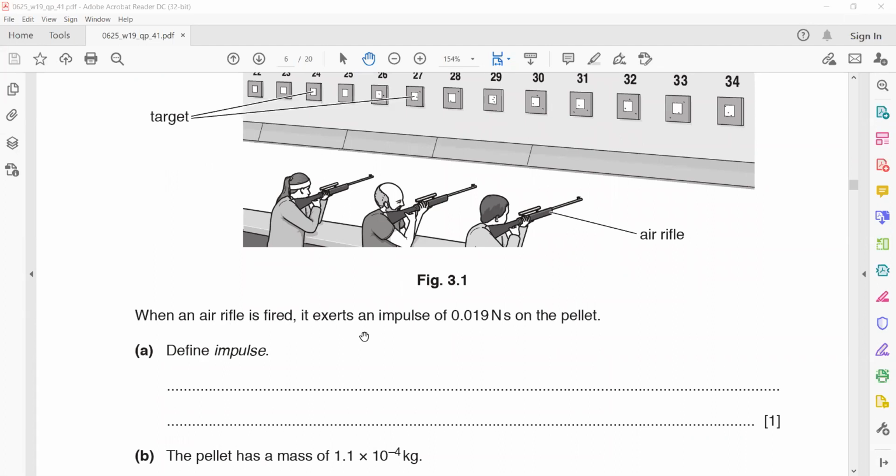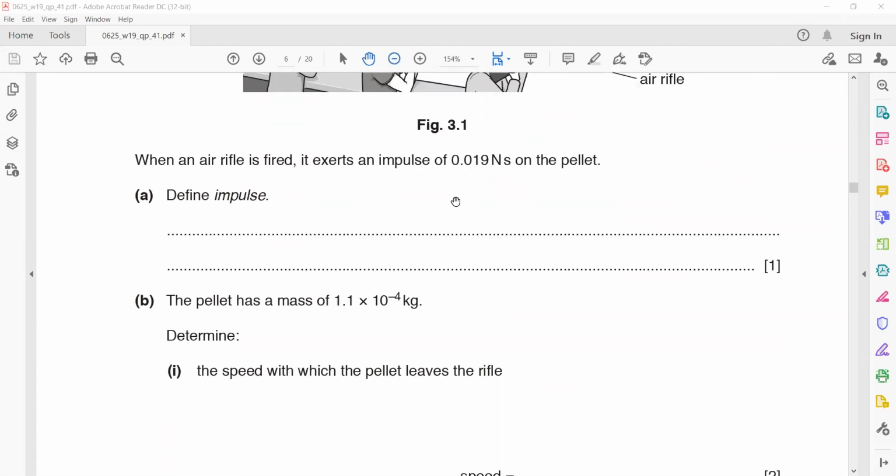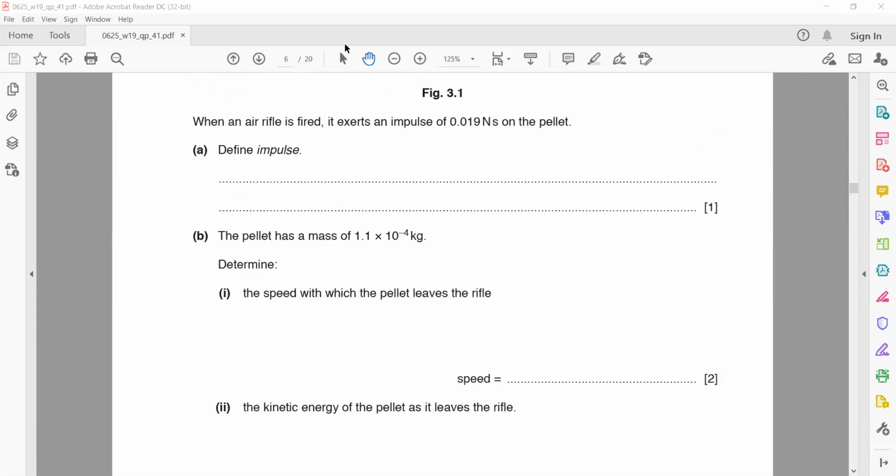Force acting on a body to produce a change in momentum. This is known as the definition of impulse, or the product of force and time, also known as impulse.